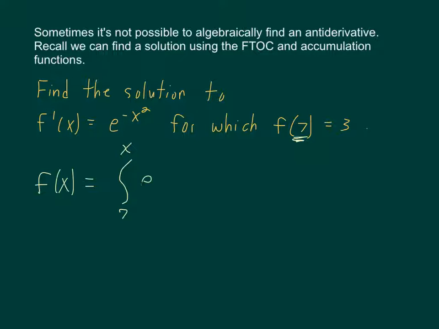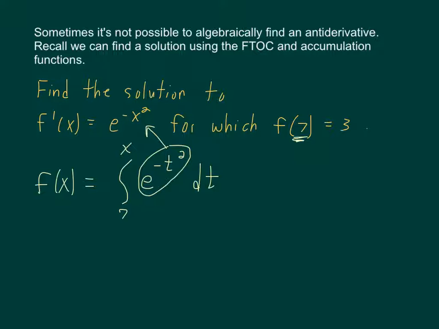And then I'm going to rewrite the function, but I'm going to change the variable. Let's say we change it to t. If we were to find the antiderivative of this derivative, that x would fall into where that t is.